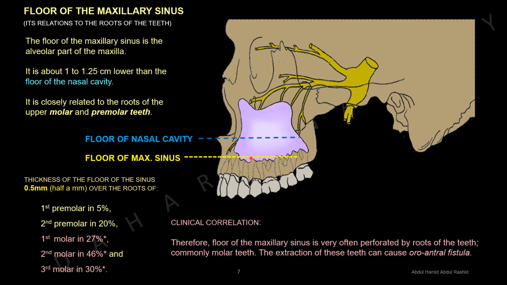So what is the thickness of the floor of the maxillary sinus, which is related to the roots of the teeth? The thickness is 0.5 millimeter, that is half a millimeter, over the roots of the molar and premolar teeth in the following percentages: first premolar 5%, second premolar 20%, first molar 27%, second molar 46%, and third molar 30%.